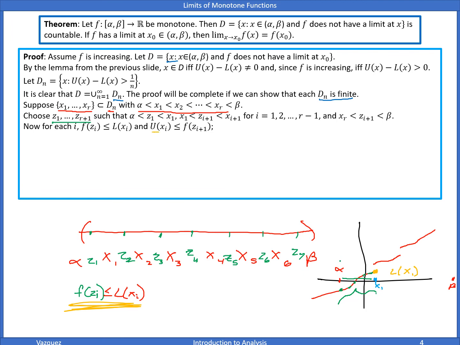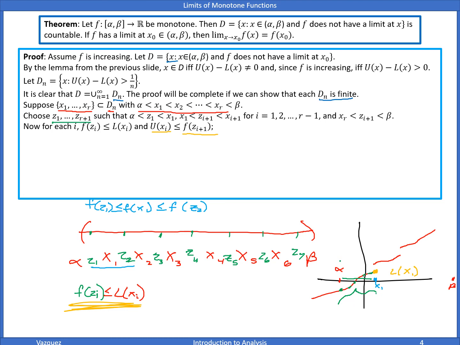Similarly, u of xi is less than f of zi plus 1. So a concrete example here would be f of z1 is less than or equal to f of x1, which is less than or equal to f of z2. Right, so we're dealing with these 3 points down here for this concrete example.